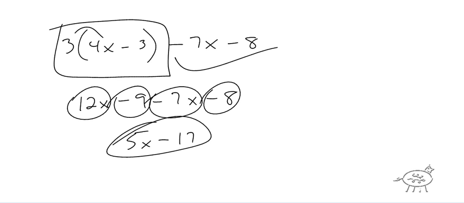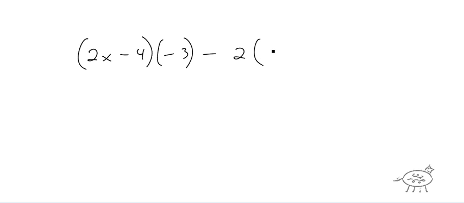Okay? Let's try another one here. Negative 3 times (2x minus 4) minus 2 times (x minus 1). Okay, that looks a little complicated, but it's actually not that bad.